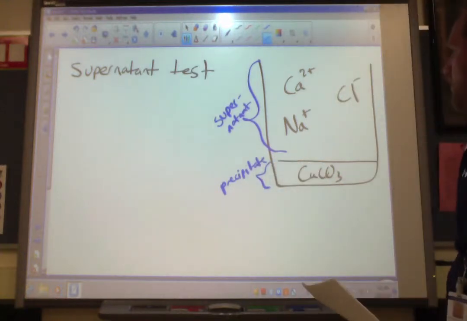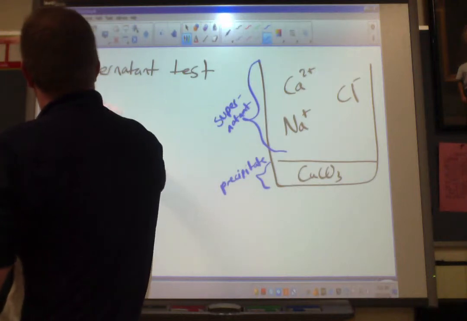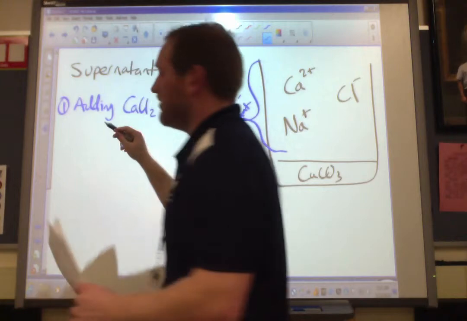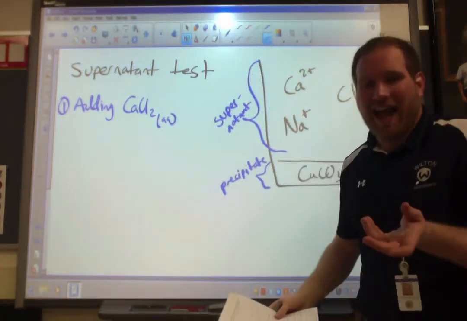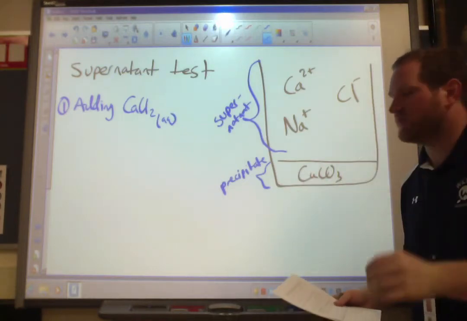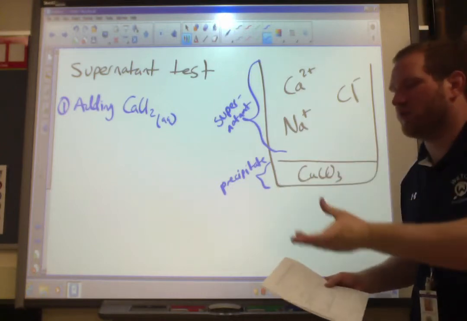All right, so supernatant test number 1, adding CaCl2, but it's important to note here, this is aqueous. So really, I'm not adding calcium chloride, because that's that white salt that you guys use. I'm adding a liquid that contains calcium ions and chloride ions floating around.